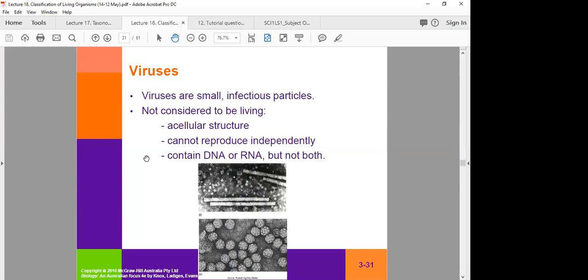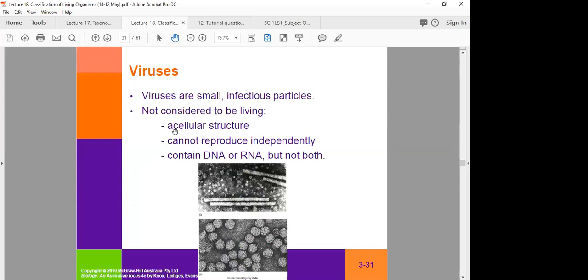All right, so how do we refer to viruses? We can call them small infectious particles or small infectious entities, but they are not at the moment classified as living organisms, so they don't belong to any of those kingdoms of life that we've been looking at. All right, they're not considered to be living because they have an acellular structure.